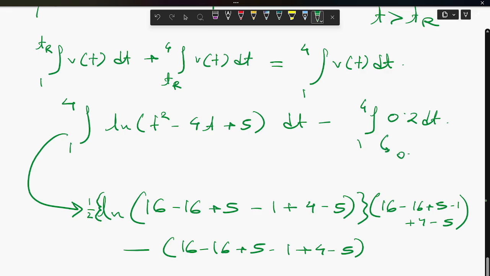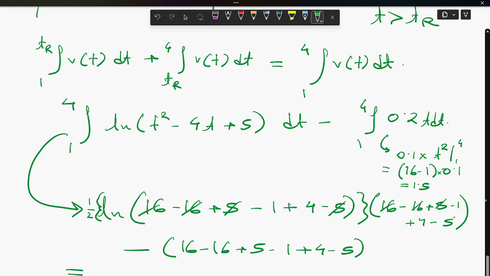And in this part, we would easily calculate that. So we would get 0.1 into, that is just only, sorry, where is the t? Yeah, that is t. There is also a t. Oh, that's a typo, sorry guys. So we would get t square here. So 1 to 4. Then we would get only 16 minus 1 into 0.1. So that will be 1.5. And so from this, we would get 16, 16 cancel, 5 and 5 cancel.